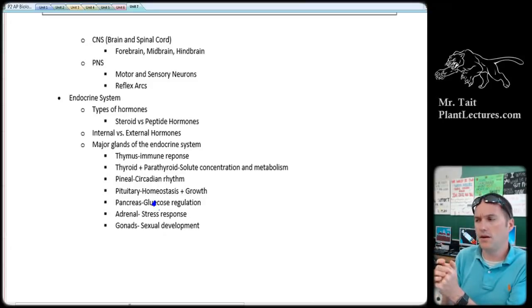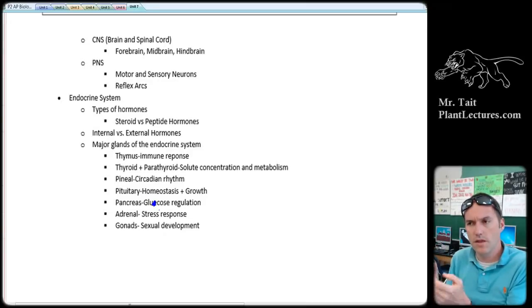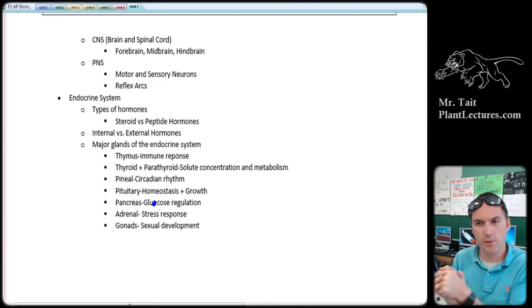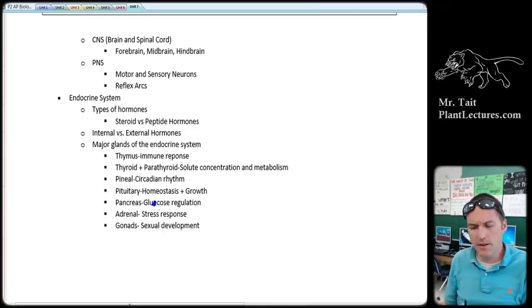In addition to that, they're also going to use that glucose to make glycogen. Glycogen is a storage polysaccharide that they can then store for later. It's mostly muscle cells and liver cells that are going to do this.